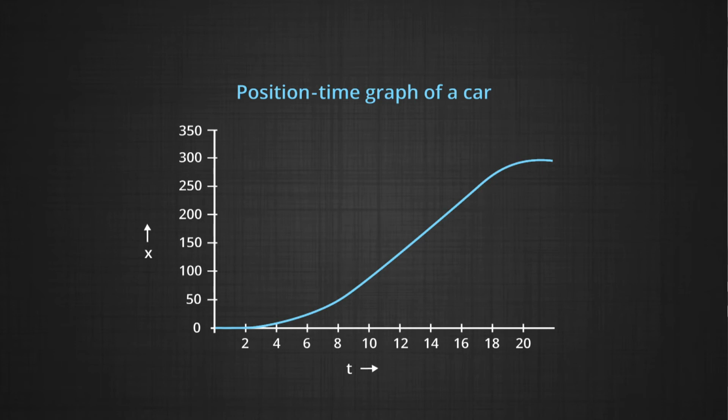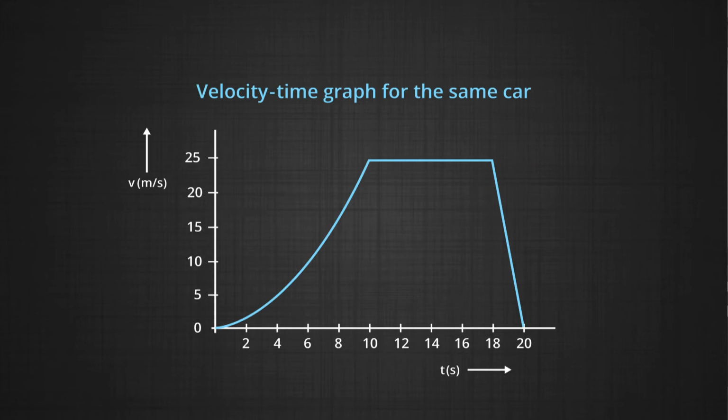So, this is position time, and as you notice the position is changing very fast. In 4 seconds you have barely covered any distance, and as you go along and move to say 18 seconds, the distance travelled is some 200 odd meters. The corresponding velocity time graph for the same car will look something like this.